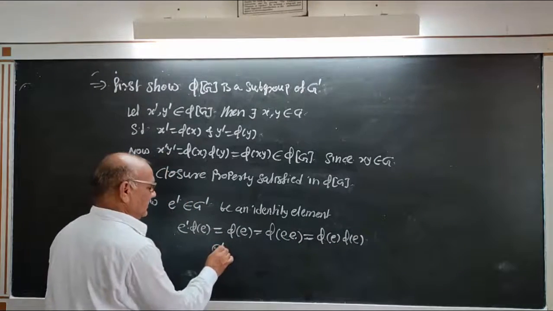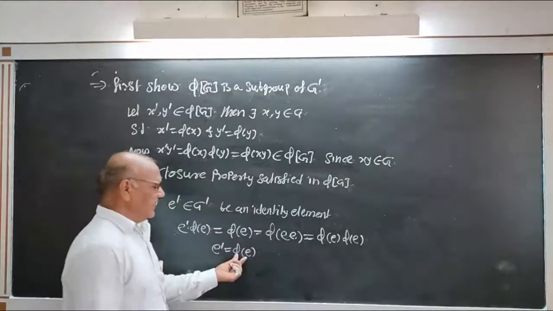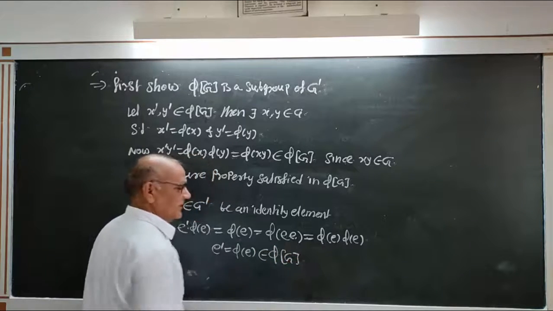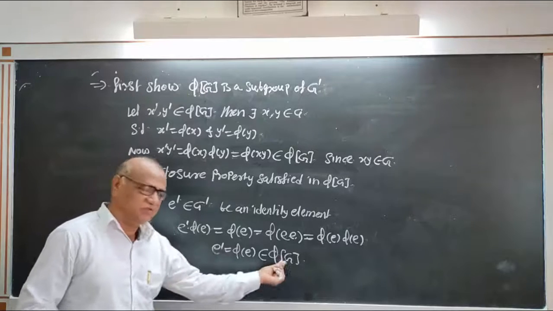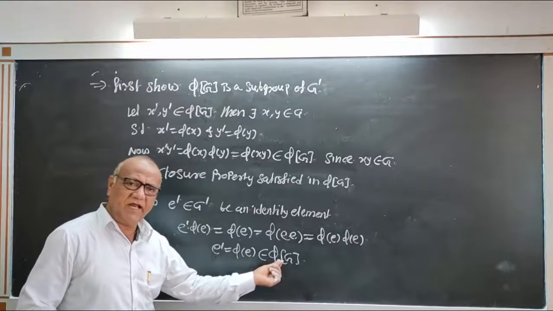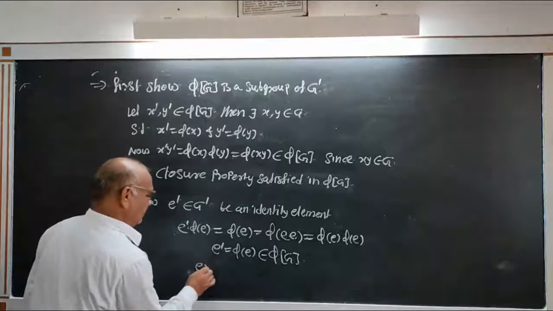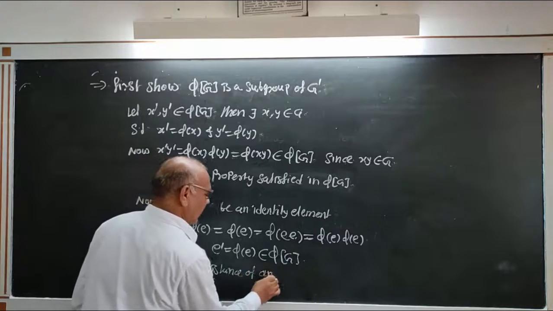This gives E dash is equal to phi of E, and phi of E belongs to phi of G. That means E dash belongs to phi of G and is an identity element. This is the existence of an identity.